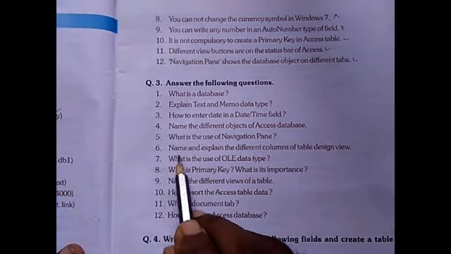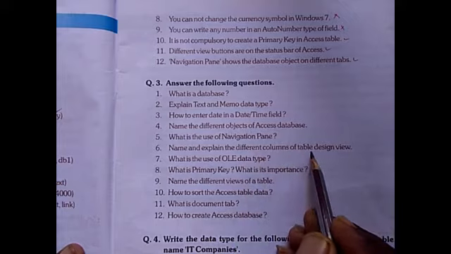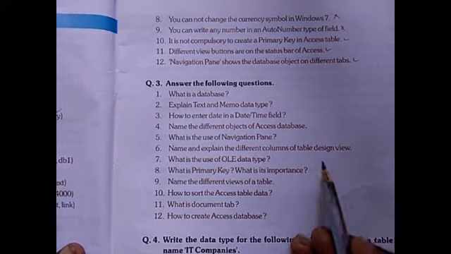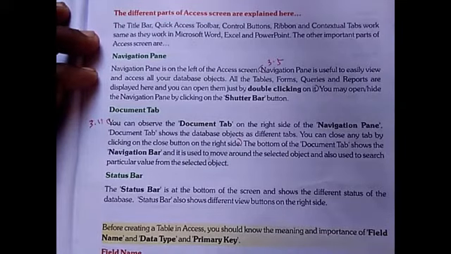Next is number 6. Name and explain the different columns of table design view. Answer: a field name is the column heading, and it can be name, address, birth date, result, email, etc. It is the common name for the information we are going to enter under it.